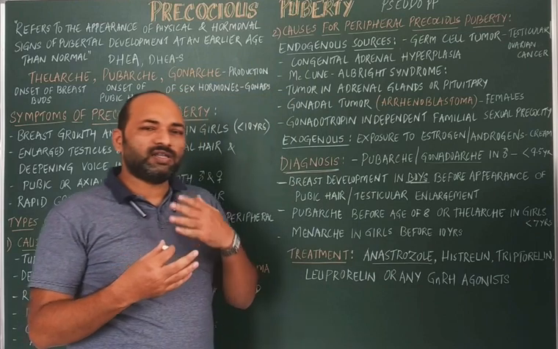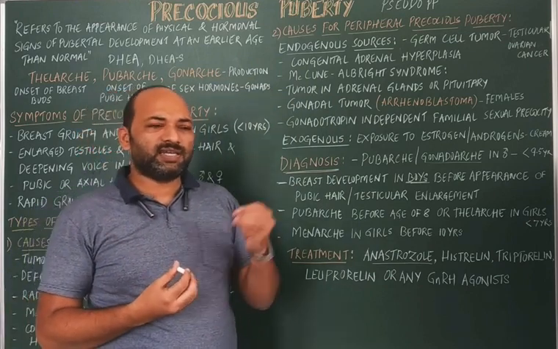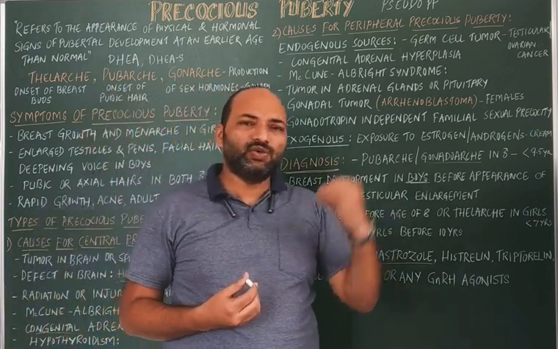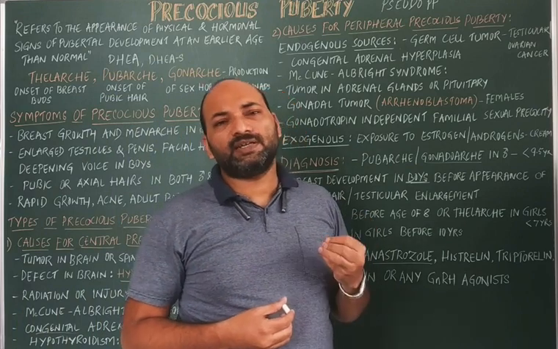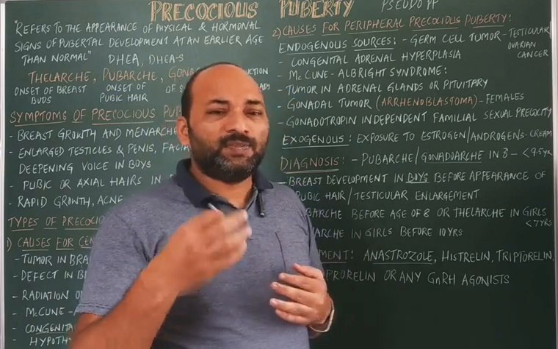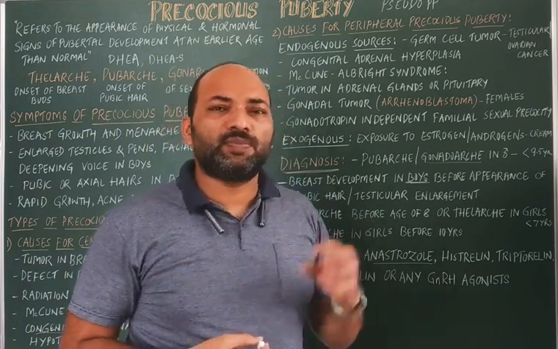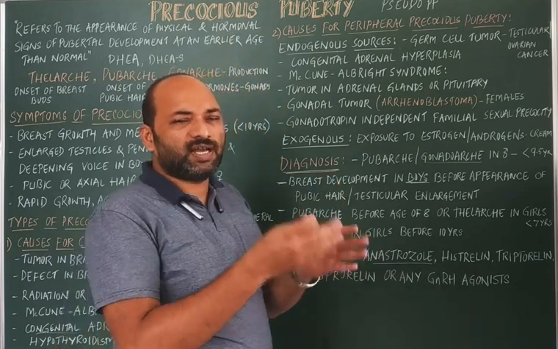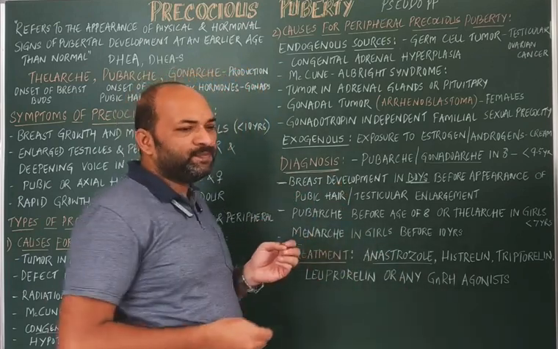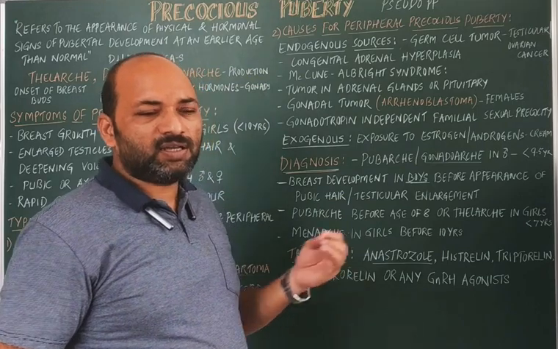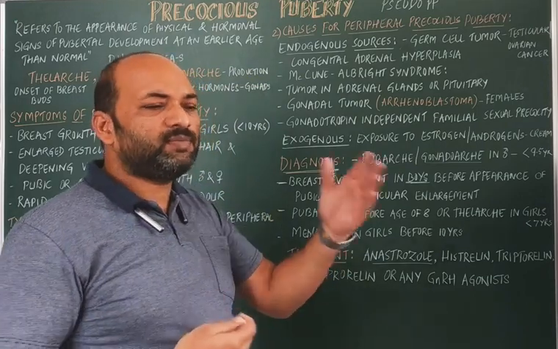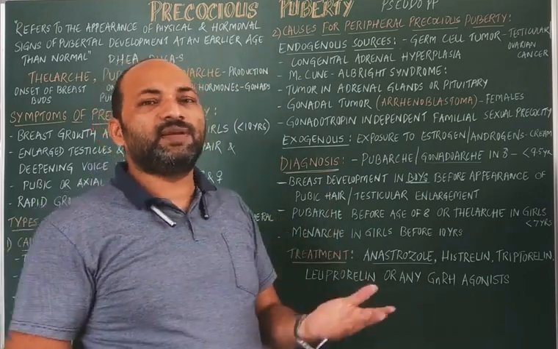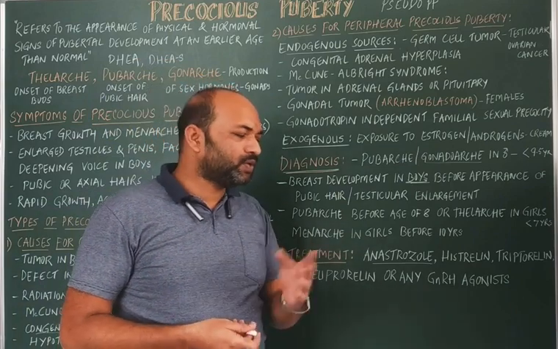When GnRH agonists are used for a prolonged time, there is a possibility that it may result in osteoporosis in the child to whom we are giving the drugs. If it is continued for many years, that child may develop osteoporosis.